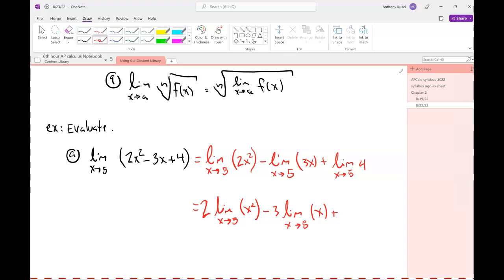So the limit as x approaches 5 of 4 is just 4, since you're taking the limit of a constant, just the constant. So far, so good? Okay. On the first limit, I'm now going to use property number 6 to move that exponent outside the limit.